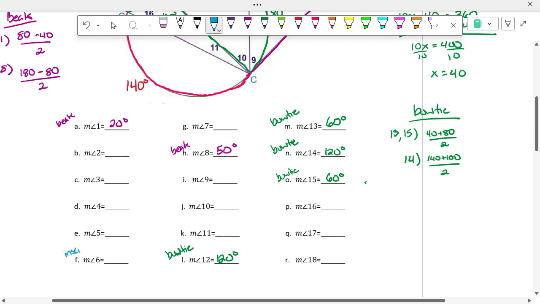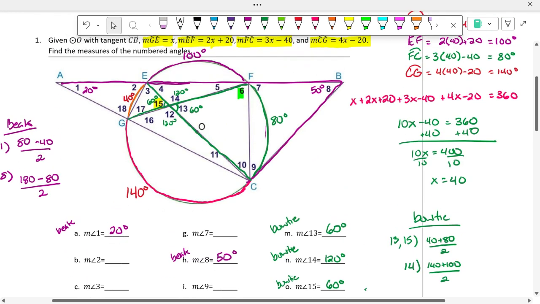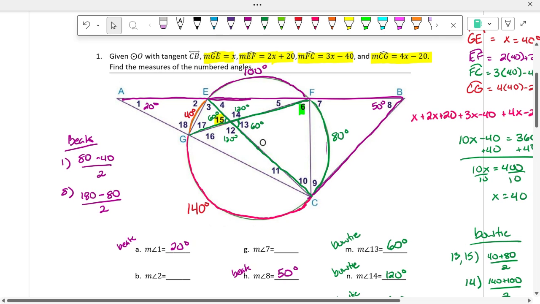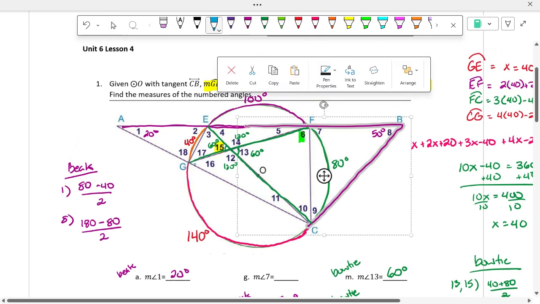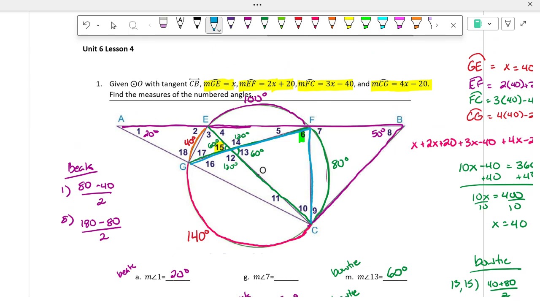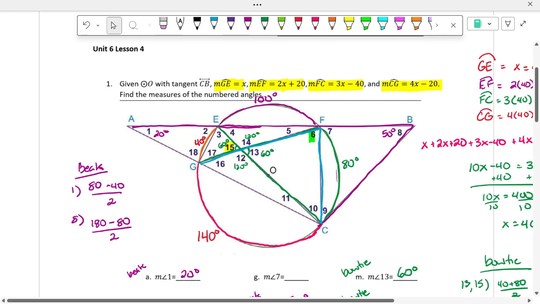All right. And what's true about an inscribed angle? So what's the formula for inscribed? It's on the board. You divide the arc by 2 or you multiply by 1/2. So what's the intercepting arc for angle 6? So here's 6 right here. What's its intercepting arc? It's 140.